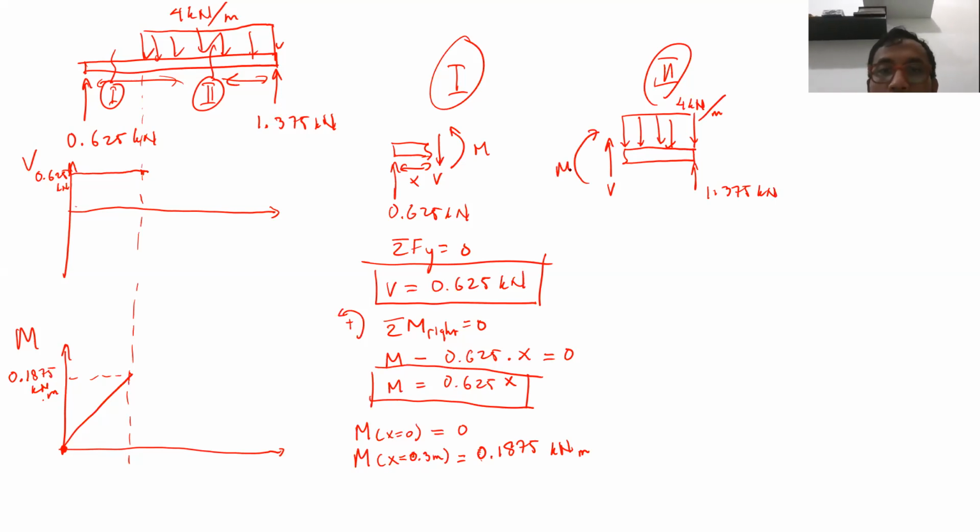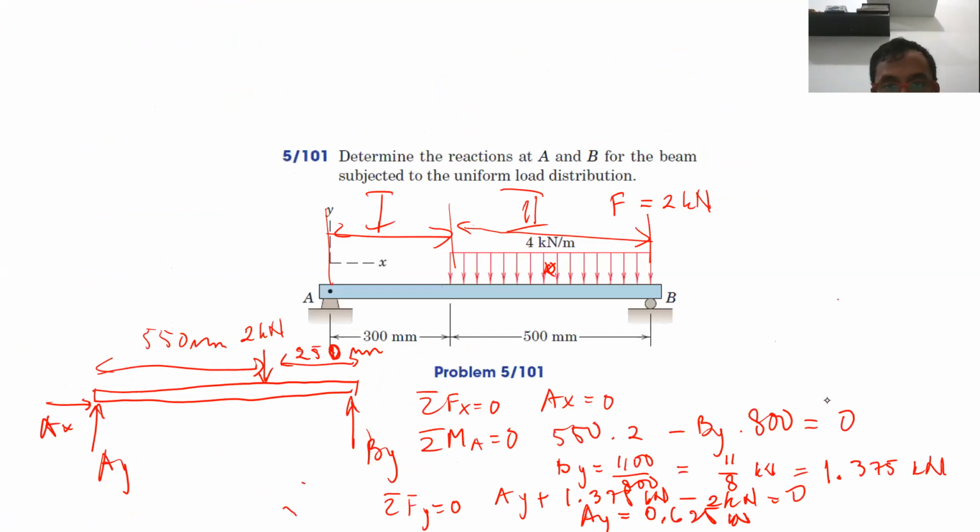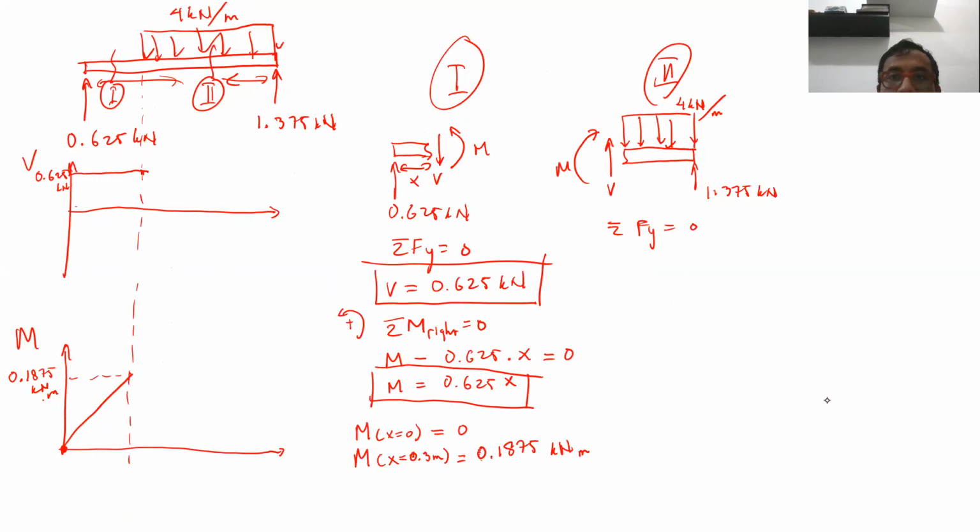Okay, now we can calculate as usual again using sigma Fy equal to 0. Okay, if just now the distance is 0.8 meter, so here the distance is supposed to be 0.8 meter minus x.